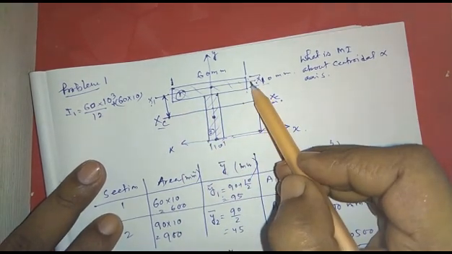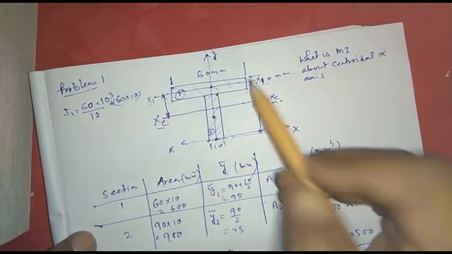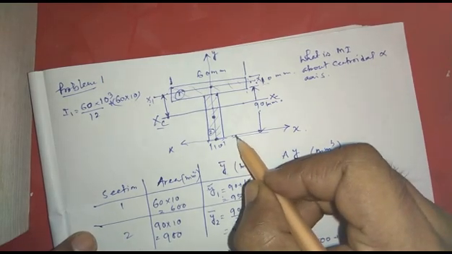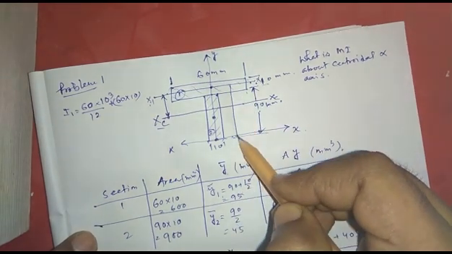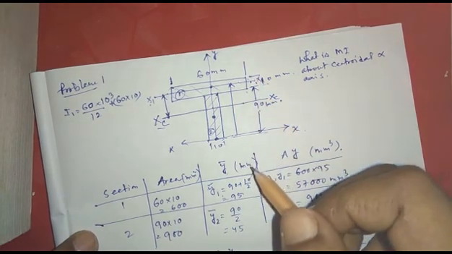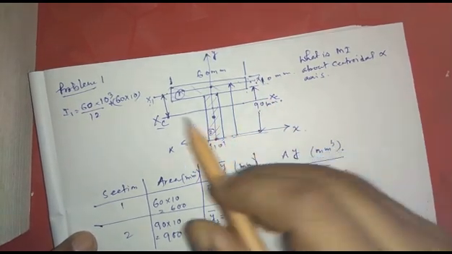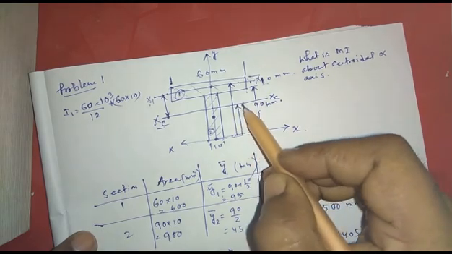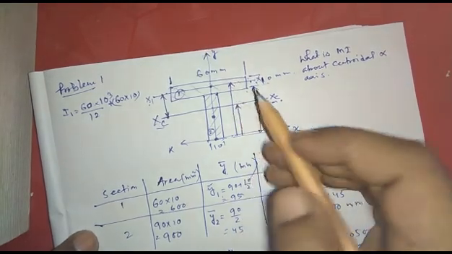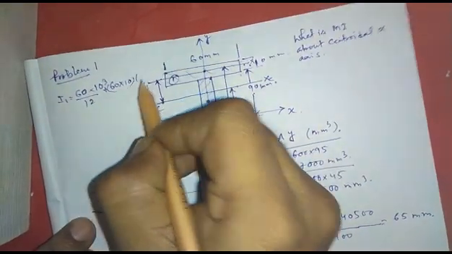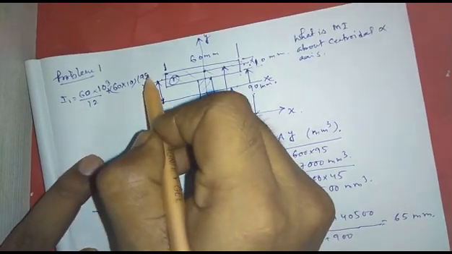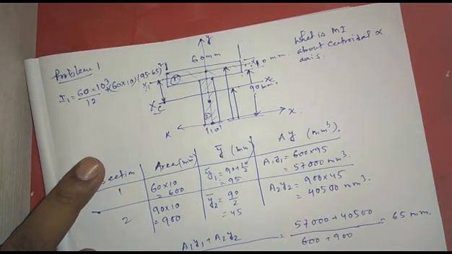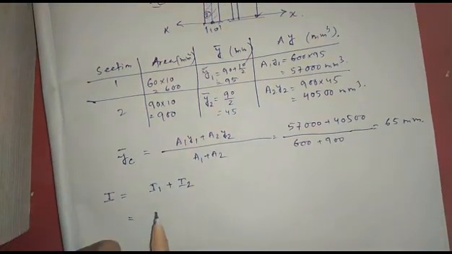Now this axis x1, where does it lie? It lies at a distance 95 from this axis, and this xc lies at a distance 65. So the distance between these two is 95 minus 65, squared. So I'm writing this down here again.